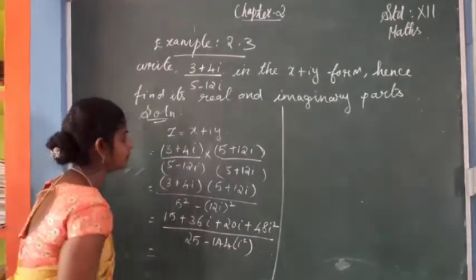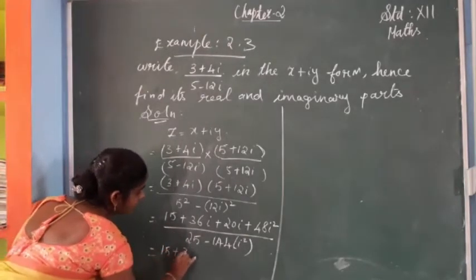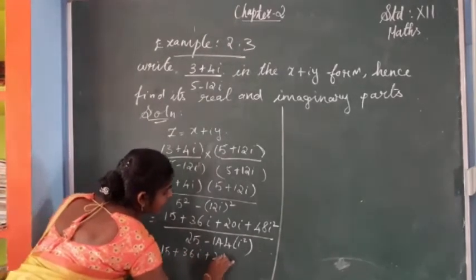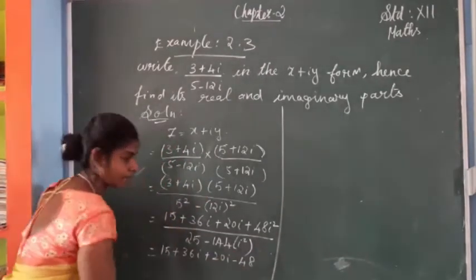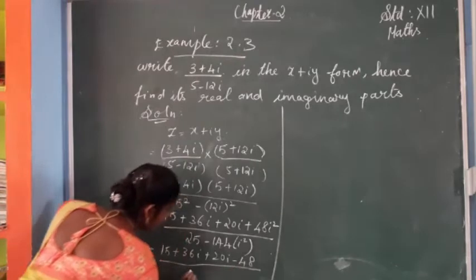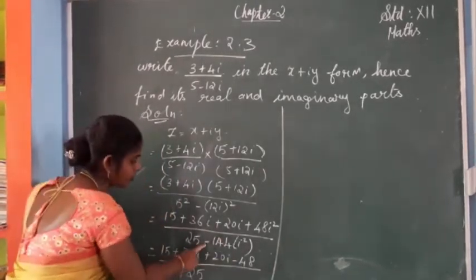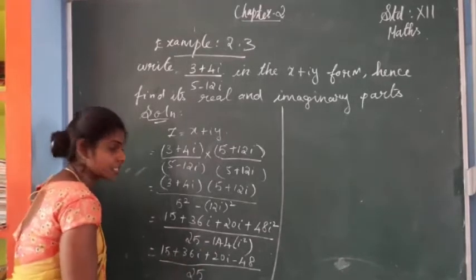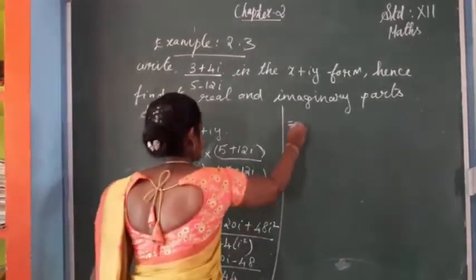That's equal to 15 plus 36i plus 20i minus 48 i square, divided by 25. i square value is minus 1. So minus into minus, plus 144.